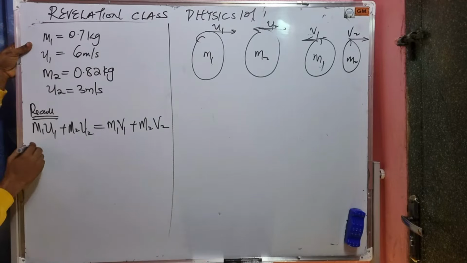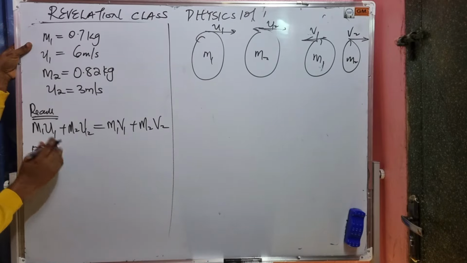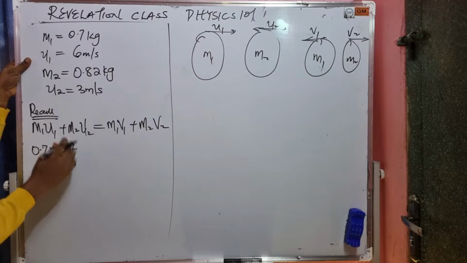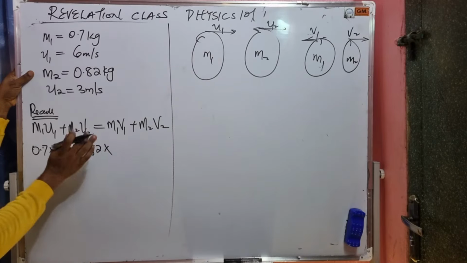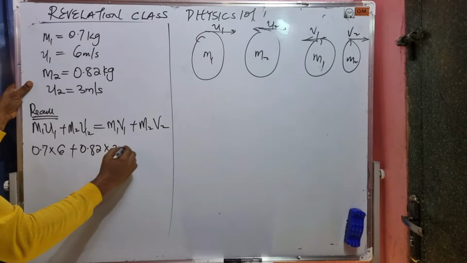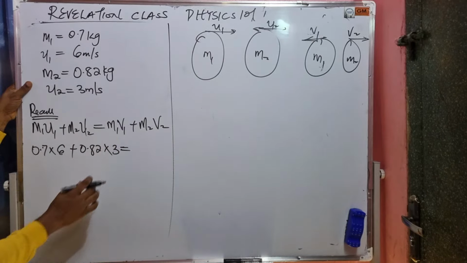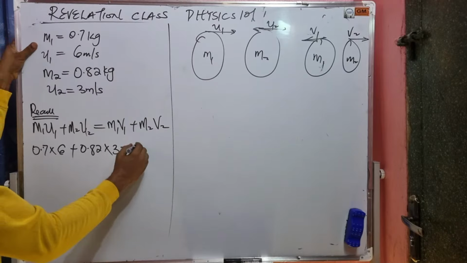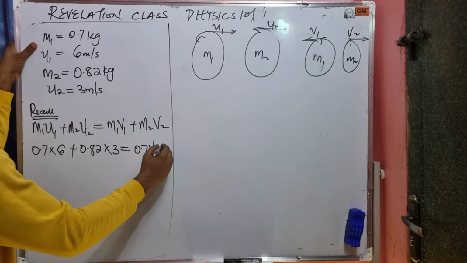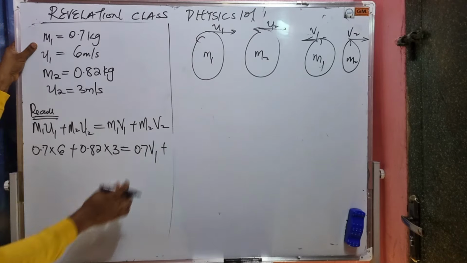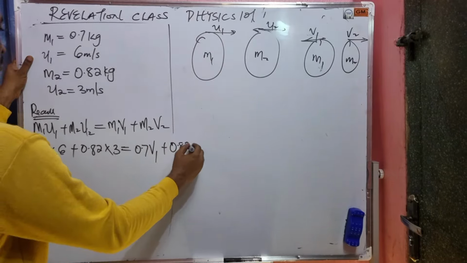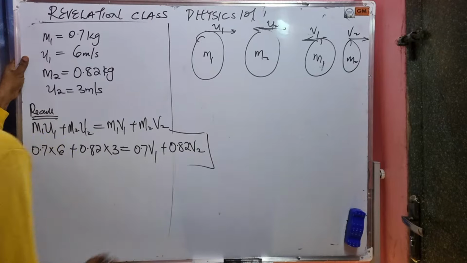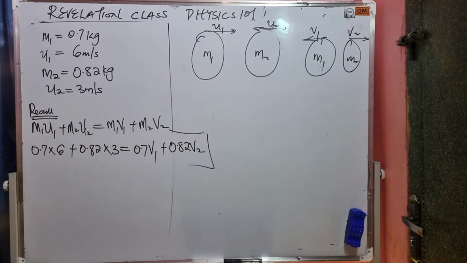Our M1 is 0.7, right? Times our U1 is 6, plus M2 is 0.82 times U2 is 3, right? Equals our M1, 0.7 V1, plus M2, 0.82 V2. Is that clear? So let's multiply these values.